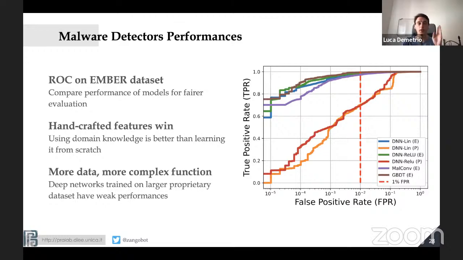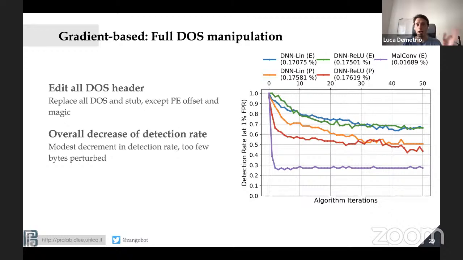We are going to start with the gradient-based attack, and we are going to take the manipulation that edits all of the DOS header. What the attacker does is take this header, not considering the MZ, that is the magic, and the offset, but everything in the middle is still editable. The attacker computes the gradient, and for each byte, starts replacing the values.